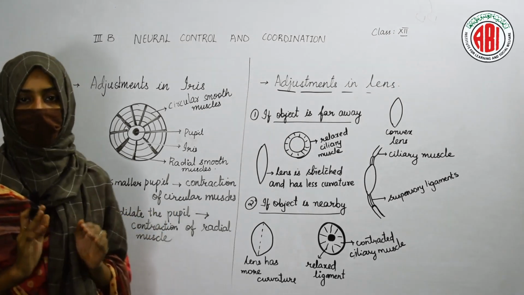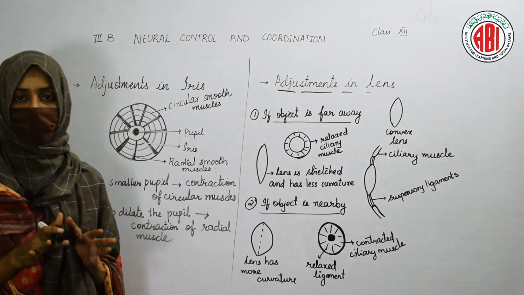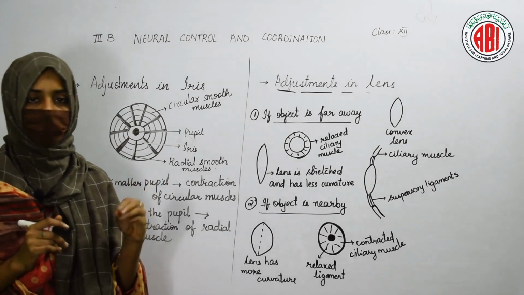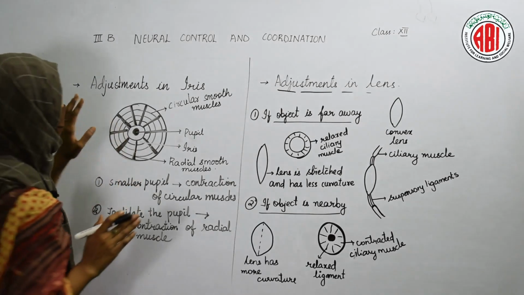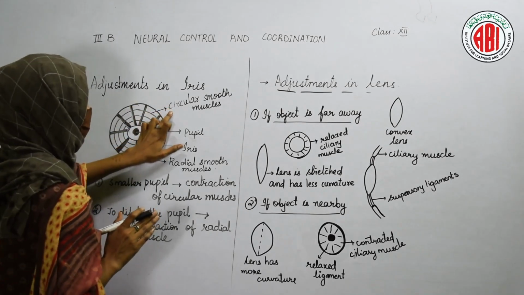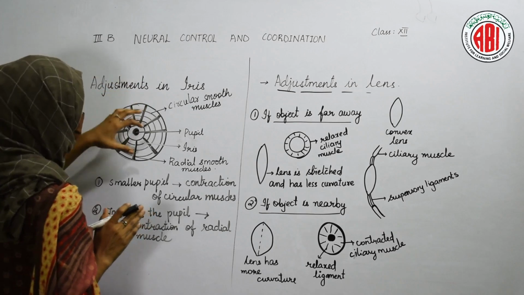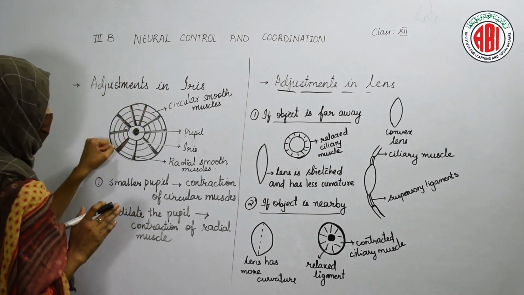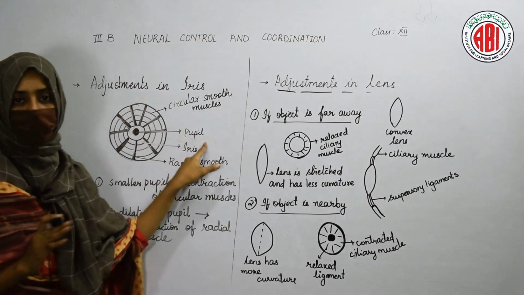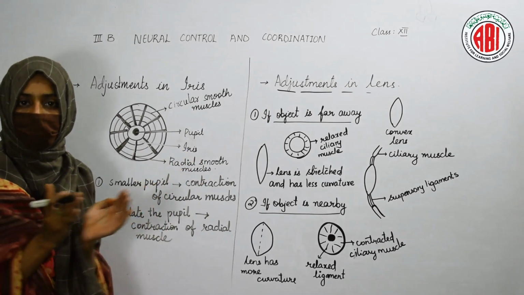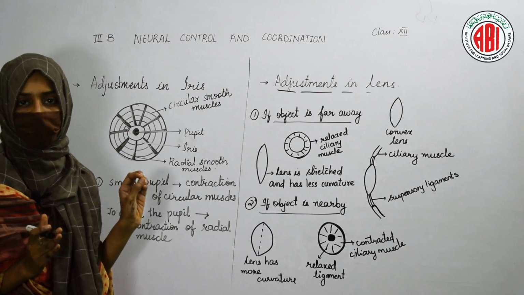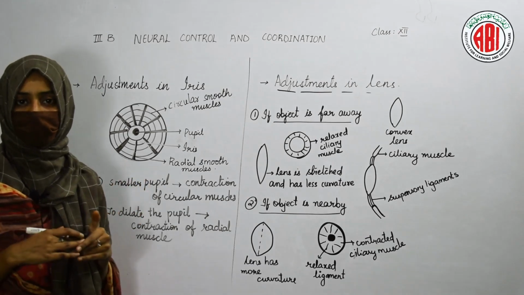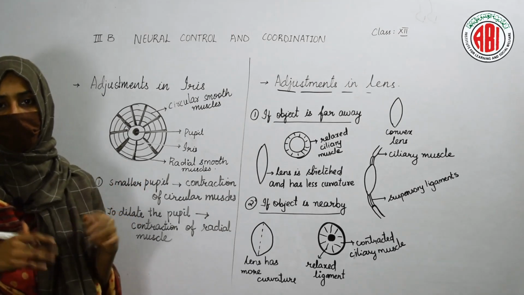So, when you enter a lighted room and try to see the different objects present in your environment, at that time the circular smooth muscles of the iris get contracted. Due to the contraction of the circular smooth muscles, the pupil gets smaller in size. So, the pupil gets smaller to visualize the different things in the presence of bright light.